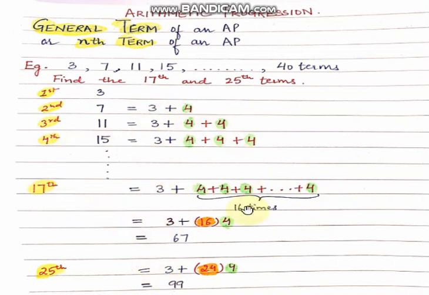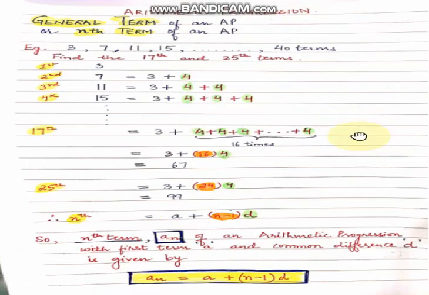And with this particular example, we are going to generalize a formula for the nth term, the general term, which can be stated as an, where an is my nth term, is equal to a. As you have observed here, every time we were writing the first term a and just adding jumps to it.